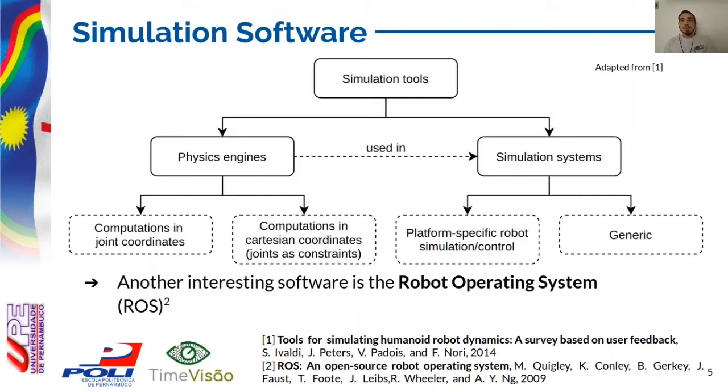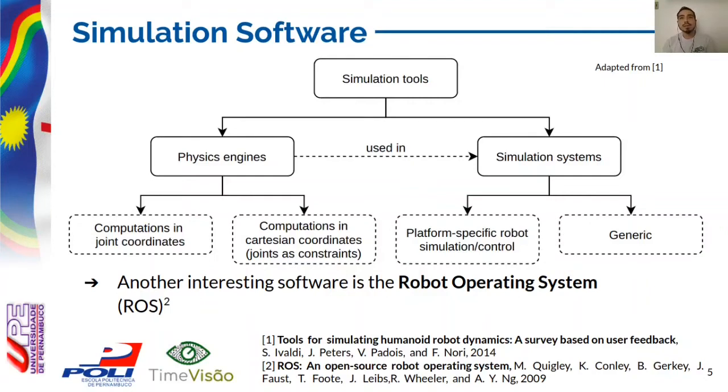Many previous works compare the simulators in qualitative aspects, discriminating them between physics engines and simulation systems. The physics engines, at the left side of the figure, are capable of modeling physical dynamic systems such as particles or contacts.